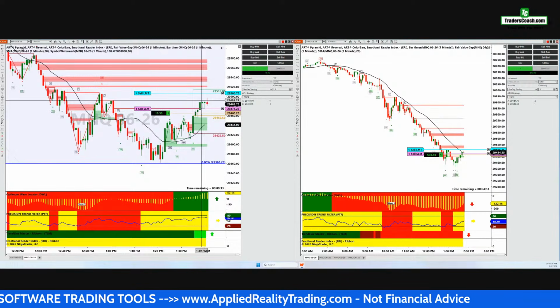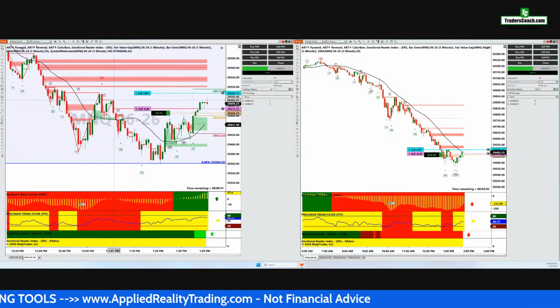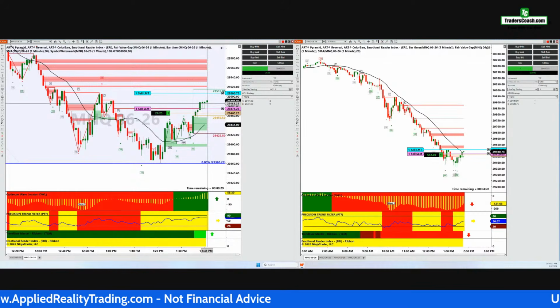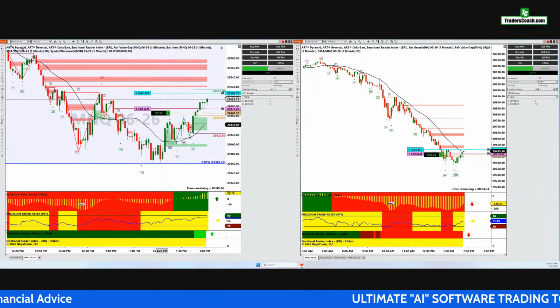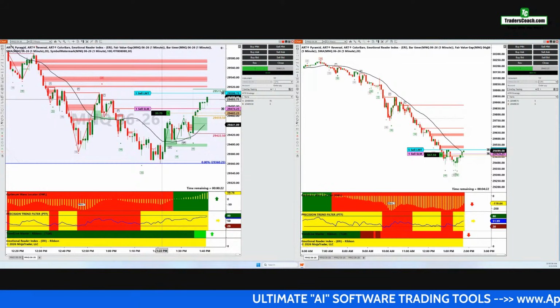Okay, that's not good. See, we took this high out here, and now seeing some selling, but let's see if it comes back and takes it up even higher.